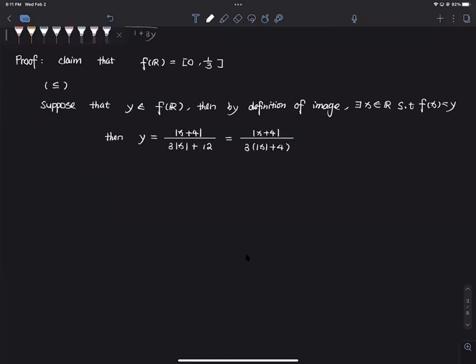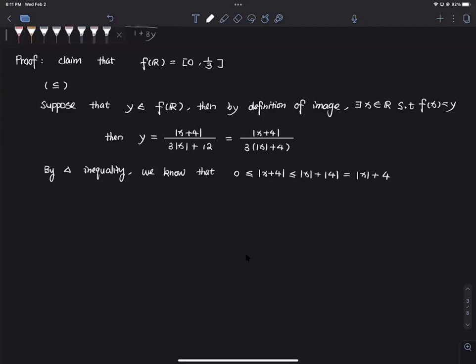Okay, now you can say by triangle inequality, we know that 0 is less than or equal to absolute value of x plus 4, which is less than or equal to absolute value of x plus absolute value of 4, which is the same as absolute value of x plus 4.